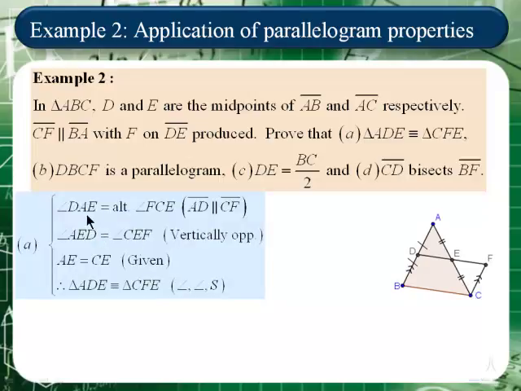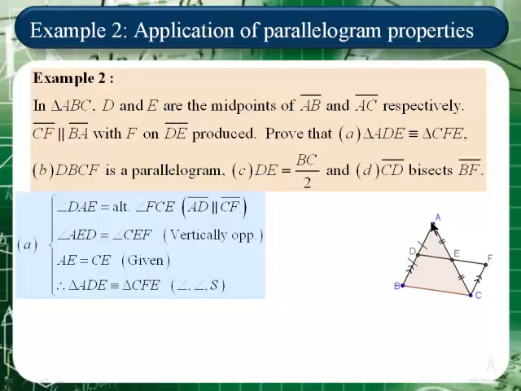Now to prove the first part, namely that these two triangles are congruent, we start off by saying that angle DAE is equal to angle FCE, because they are alternate angles, and they are equal because line segment AB is parallel to line segment CF, so they will be alternately equal to each other.